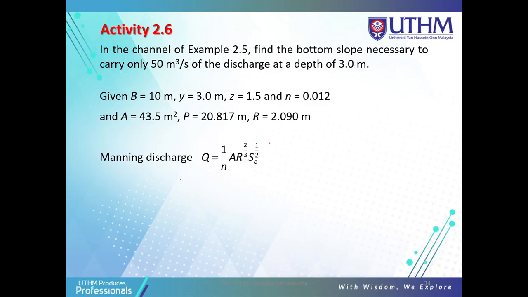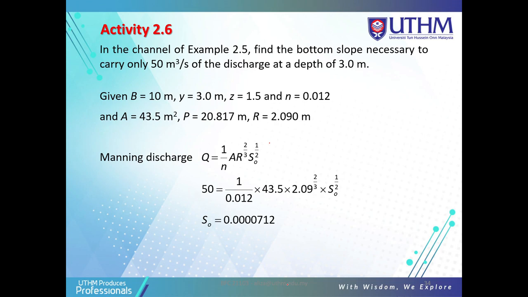So you just use the Manning discharge. You put in the value of Q as given, and you want to find the bottom slope, S naught. So you get S naught is 0.000712.